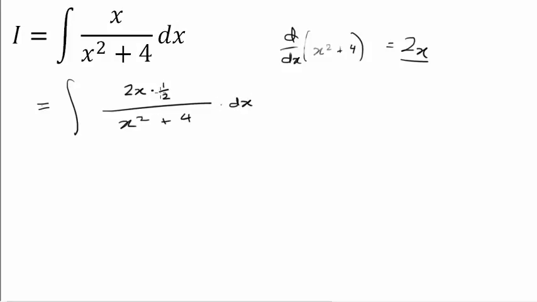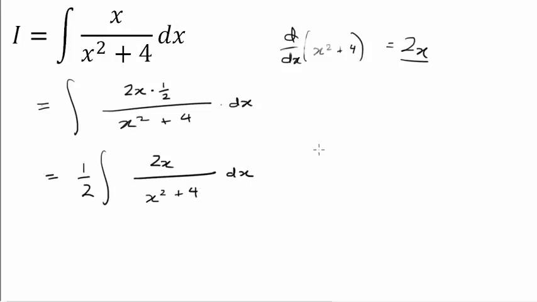And of course, half is a constant, so we can take that outside of the integral, and it will still be an equivalent integral. So we can take the half out, and that'll leave us with 2x on x squared plus 4 integrated with respect to x.